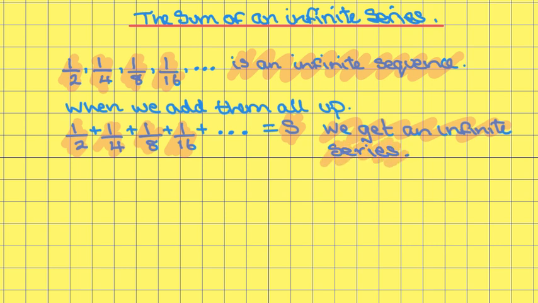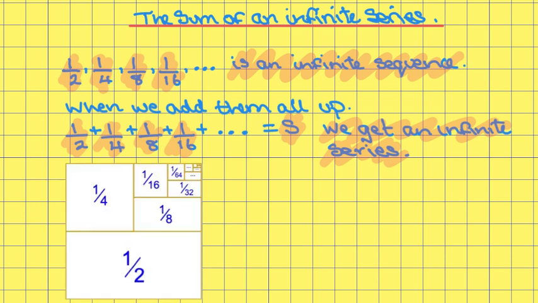But what is the sum of the series a half plus a quarter plus an eighth plus a 16th? Let's look at it pictorially. If we draw ourselves a unit square and then cut it in half, we get a half. Then if we cut the remaining half in half, we get a quarter. If we then cut the remaining quarter in half, we get an eighth.